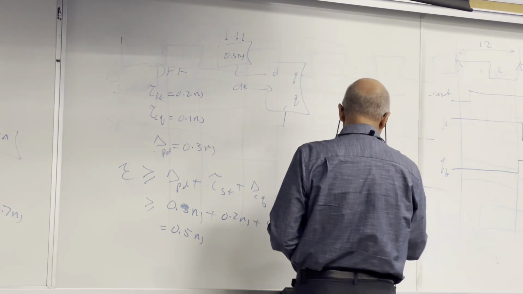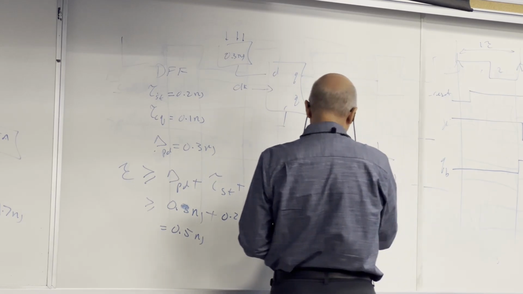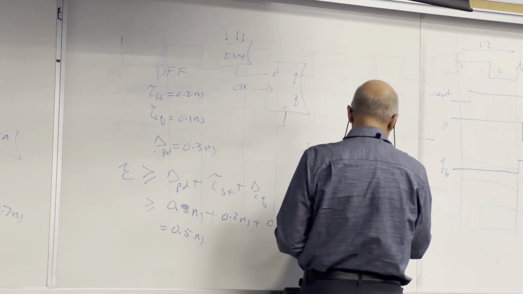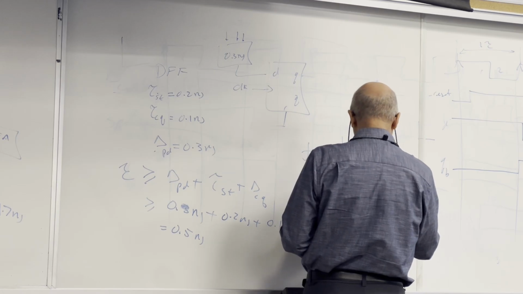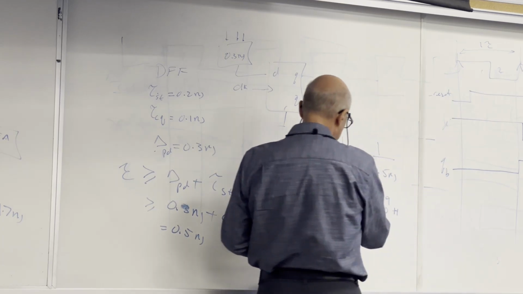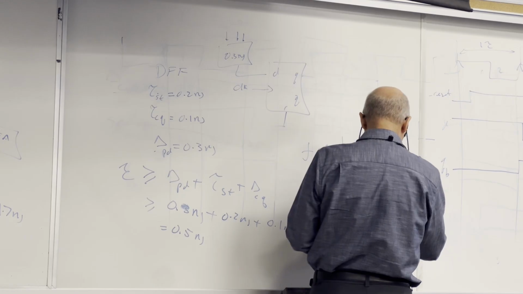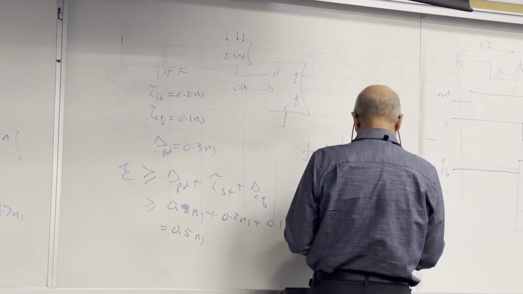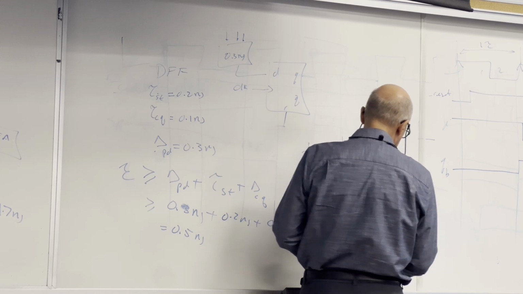So that needs to go up. So this would be 1 divided by 0.5 times 10 to the 9 hertz. When you invert the second, it's somebody's name actually, hertz. Okay, so that becomes 2 gigahertz.